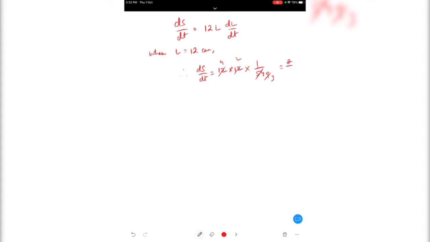So it's coming 8 by 3. And the unit will be what? Up is surface area, so it will be centimeter square, and down it's time, so centimeter square per second. That's my answer: 8 by 3 centimeter square per second.